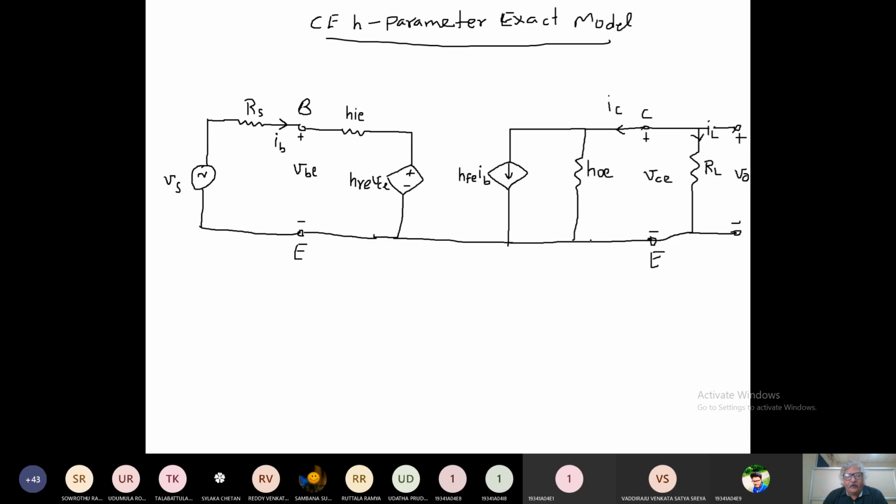But now we will apply the approximate modeling to this. Out of the 4 H parameters, HIE, HRE, HFE and HOE, 2 parameters we will remove. How to do that, and how to convert this exact model into the approximate model, we will discuss in the next class.